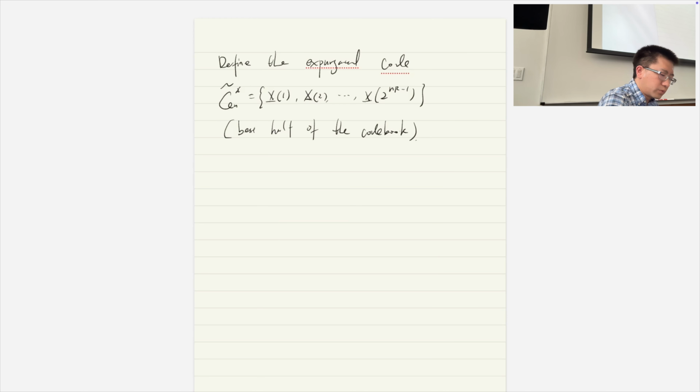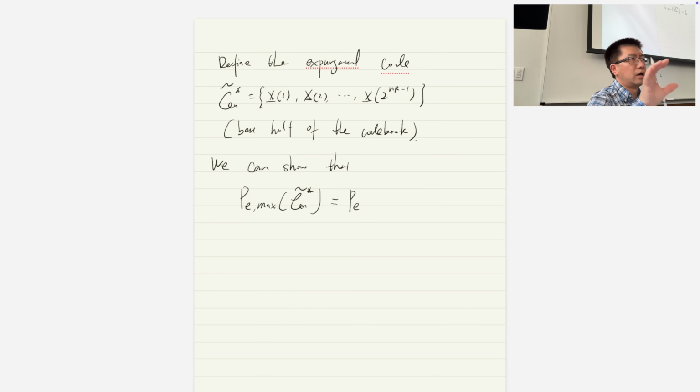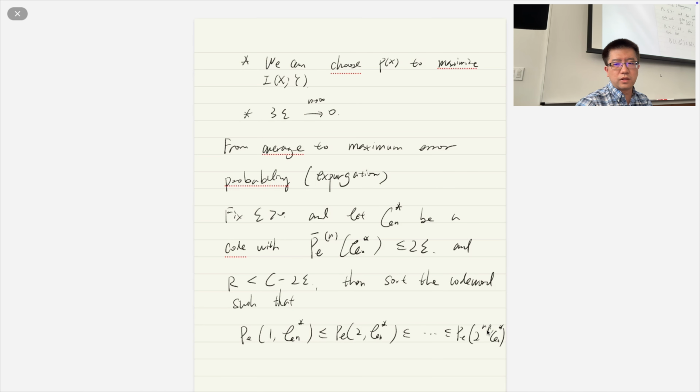What we can show is that the maximum error probability of this new code is equal to the error probability of the last code word in the codebook, because we ranked those from the smallest to the largest, so this one will be the largest.